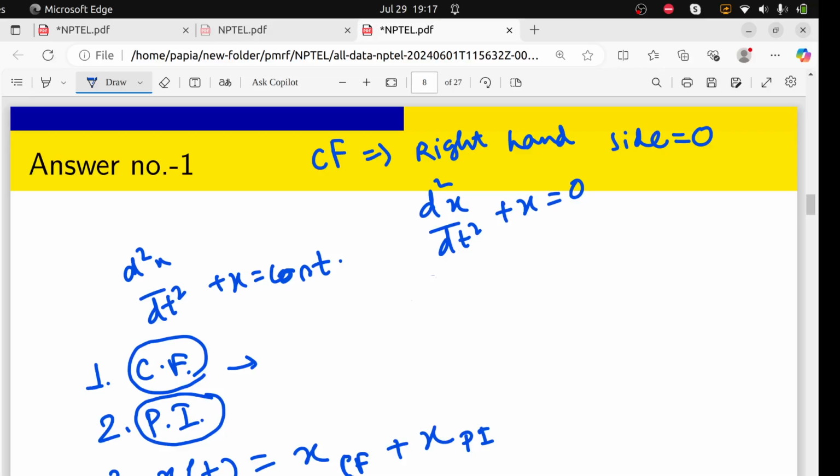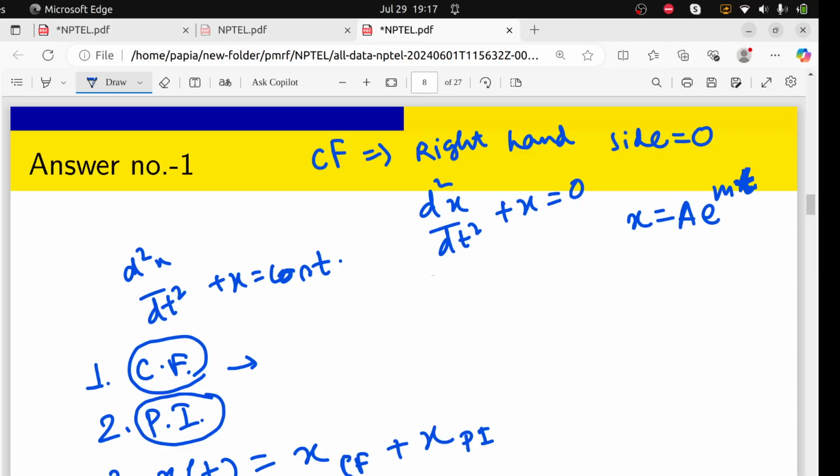For this case, I am taking an assumption of the solution as a e to the power mt, let's say mt, sorry.